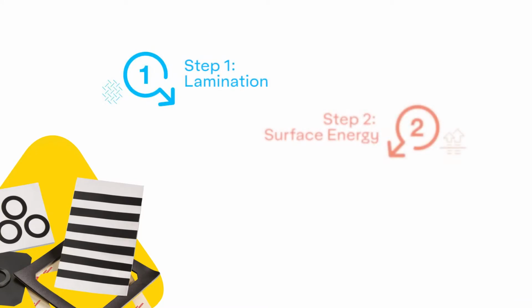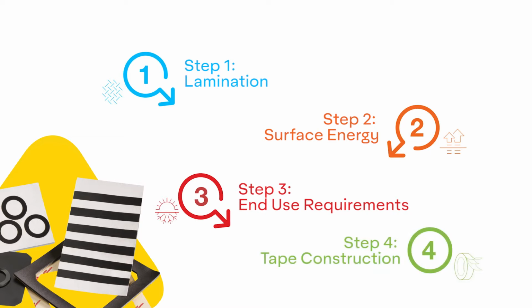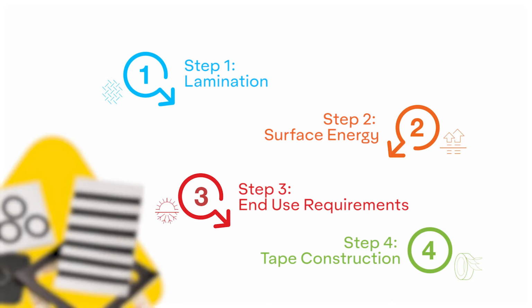Second, the mounting surface, what's the surface energy of that? In step 3, what are some of the service parameters that we need to consider for that tape to perform? And in the 4th step, what are some of the other criteria that we need to consider in actually selecting the right tape construction?